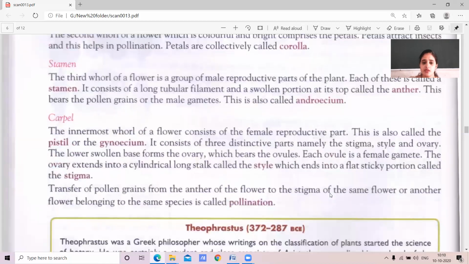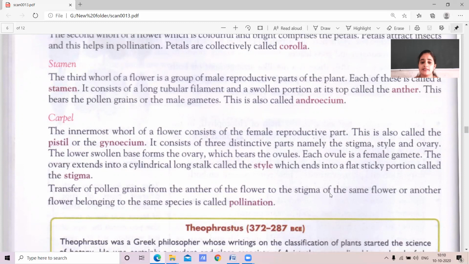Okay. So the carpel comprises the female part. This is called the pistil or gynoecium. As shown in the picture, it has three distinct parts: stigma, style and ovary. We can see the basal bulge, the swollen part, that is the ovary, which consists of a number of ovules or female gametes.